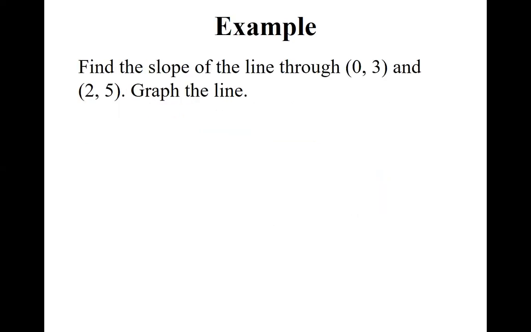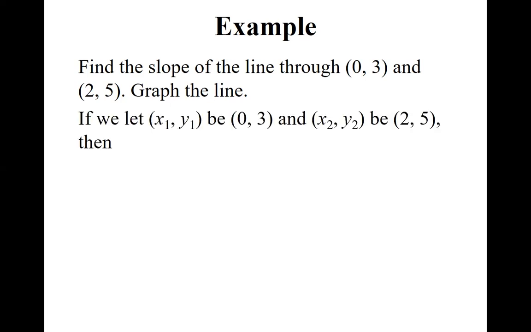So let's use this formula to find the slope of the line through 0, 3, and 2, 5. And then once we've found the slope, we're going to graph the line. So let's let our first point, x1, y1, be 0, 3. Let's let our second point, x2, y2, be 2, 5.